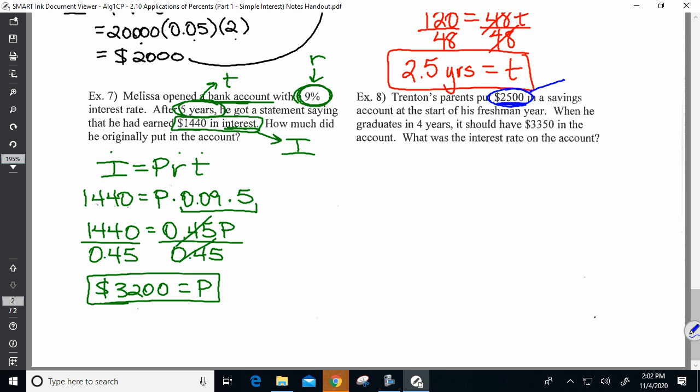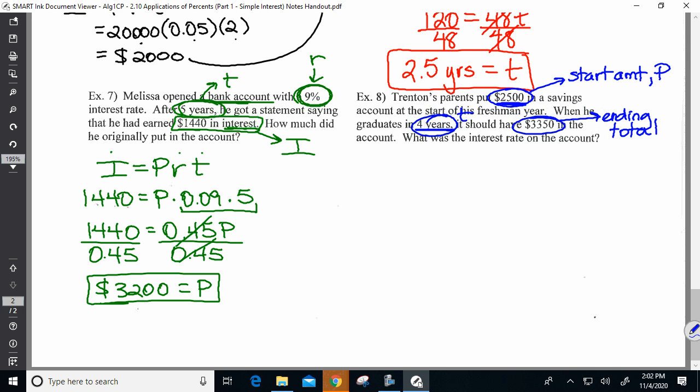So, that's what you're starting with. So, that's your principal. When he graduates in 4 years, so 4 years, that's your time. It should have $3,350 in his account. So that's an ending amount. That's an ending total.